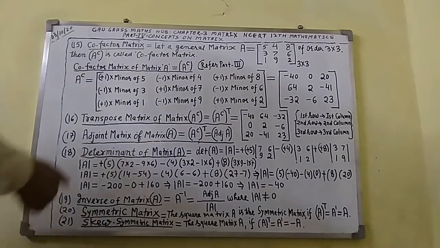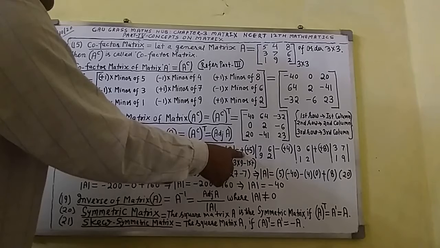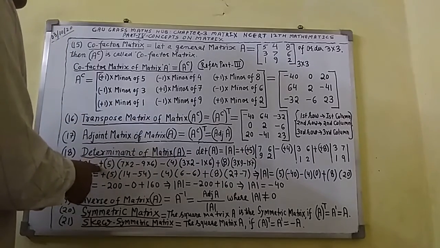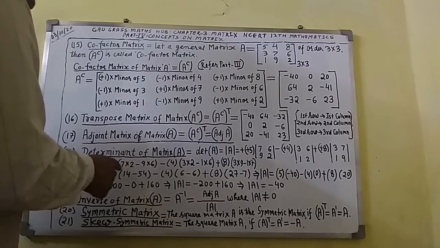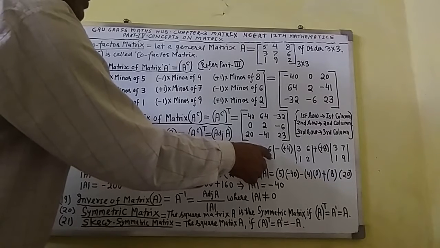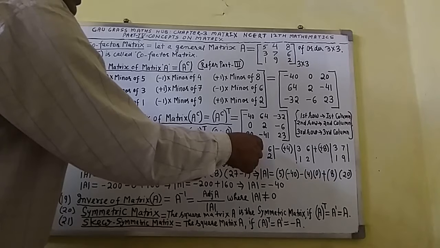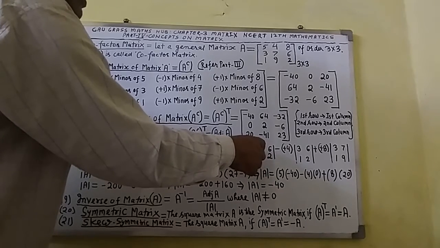After that, det A equals, here this plus will come at this place, and plus 5 can be written as 5. In the minor you can see 7 and 2 are the principal diagonal elements.